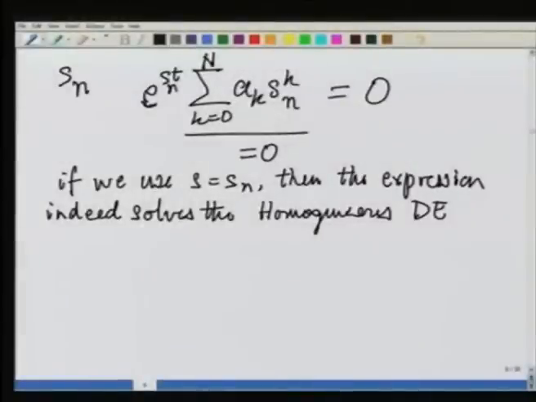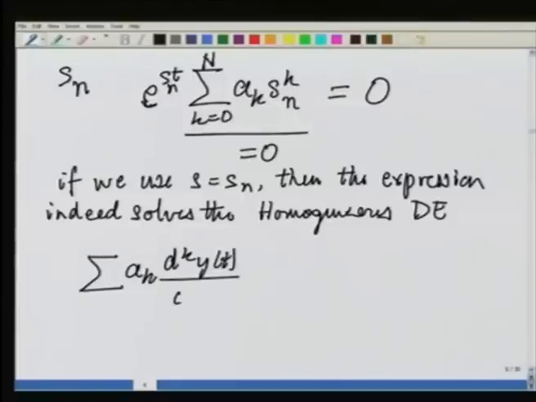The original differential equation, if we recall, we are taking now our second step backwards. We have moved from the homogeneous algebraic equation and reached the solution of the homogeneous differential equation. Now, we want to go further, but to recall where we are exactly, let us now see that when you have the homogeneous differential equation as summation k equals 0 to n of a k d k y t by dt k, this was our homogeneous differential equation.